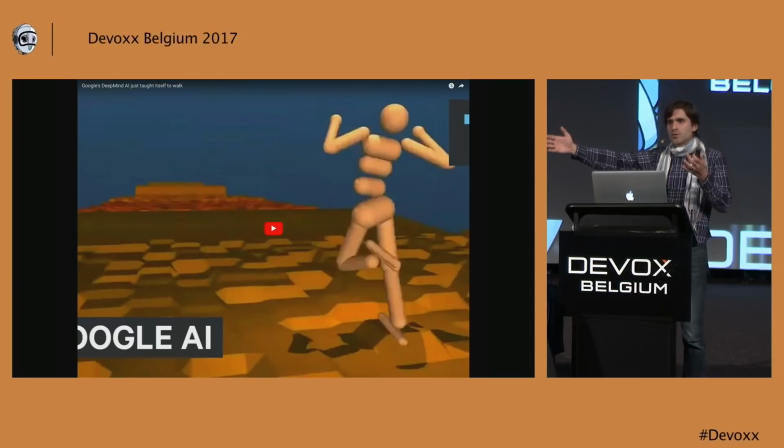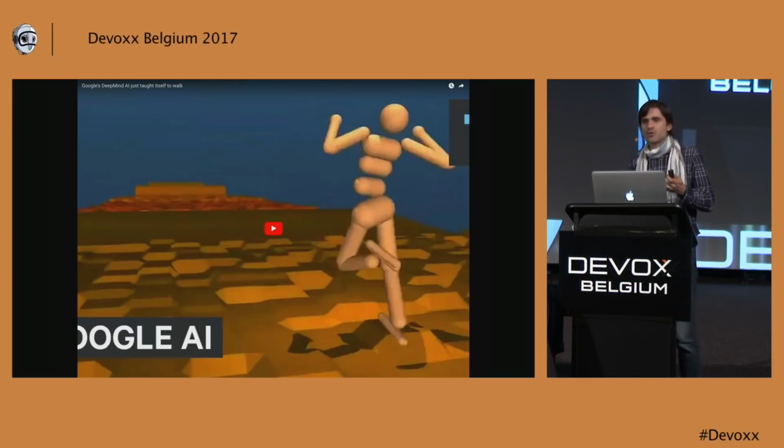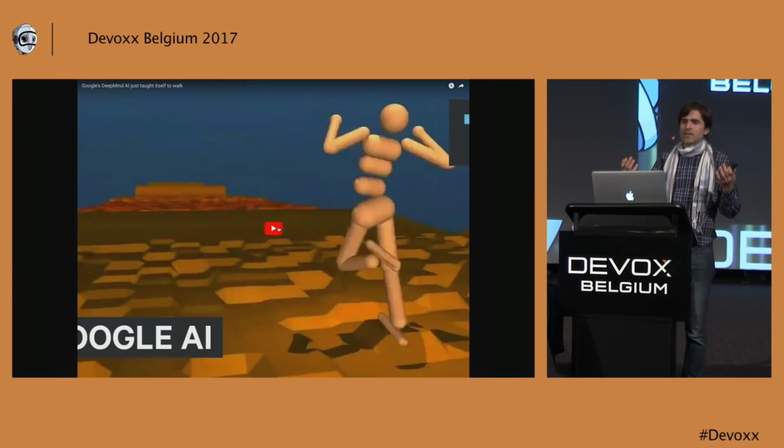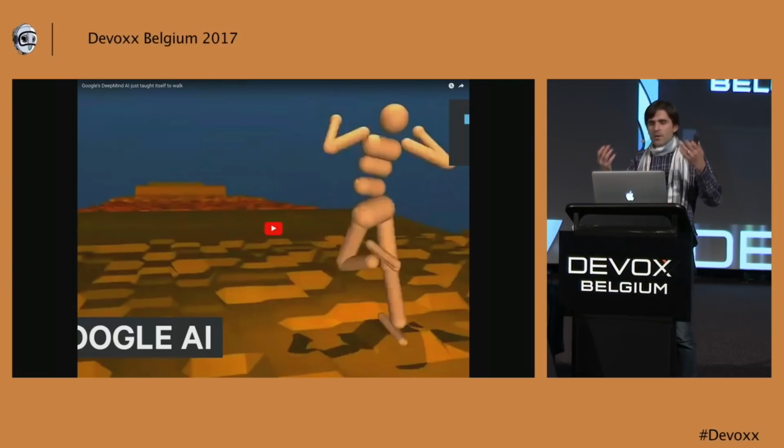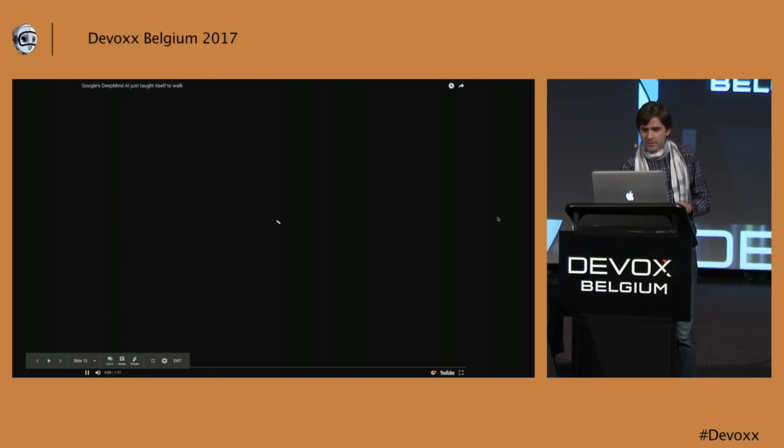If it continues, if you make progress in the X direction, you get a reward. And the model is predicting, within the physical constraints of the skeletal model that they put in, how much power to inject in each muscle. And look what they got.